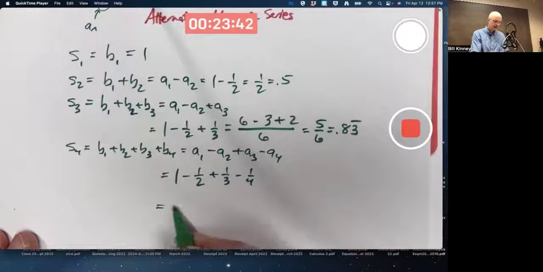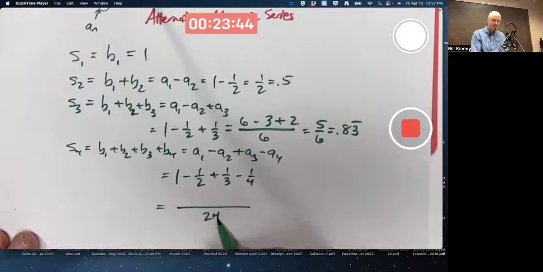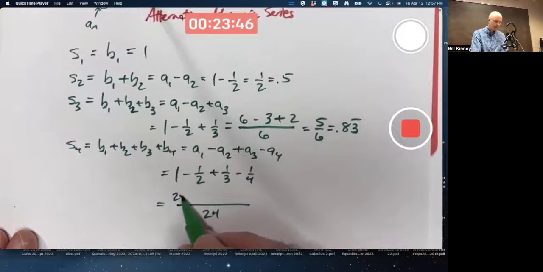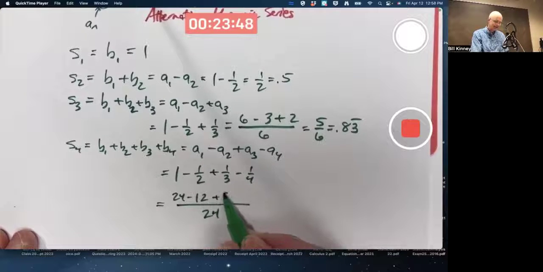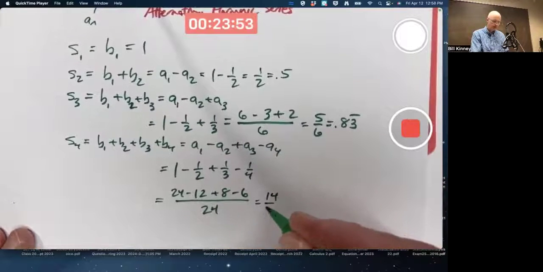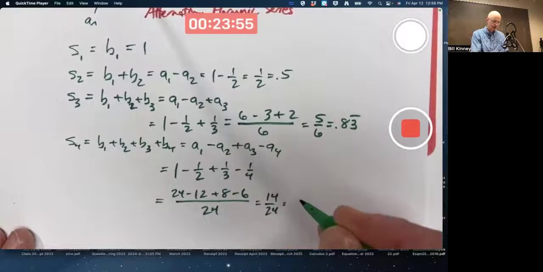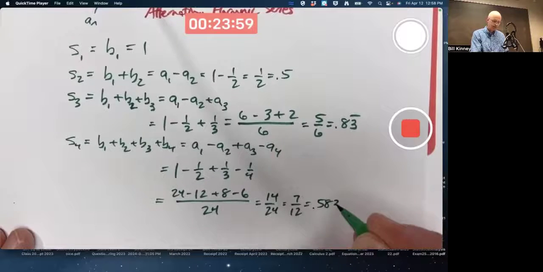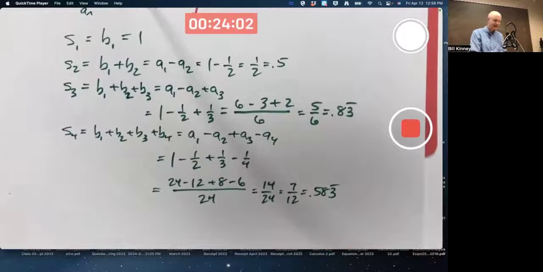Now get a common denominator of 24. It's 24 minus 12 plus 8 minus 6 all over 24. 14/24, which is 7/12, which is 0.583 with the 3 repeating, etc.